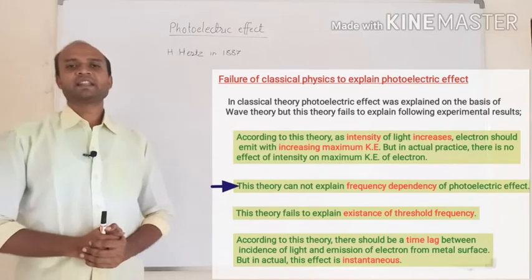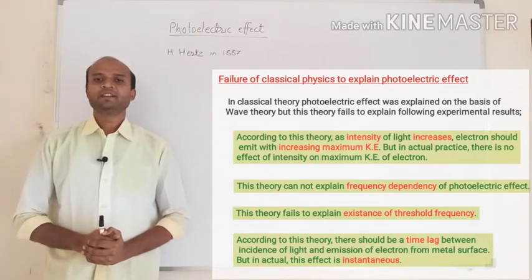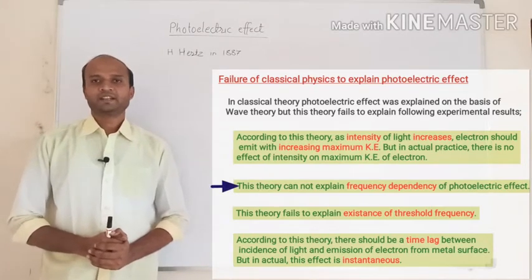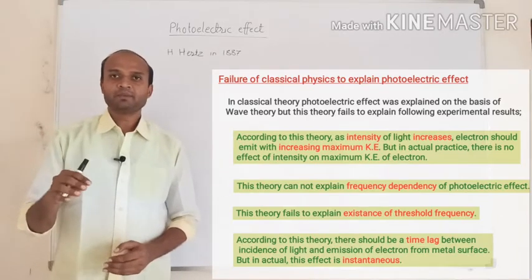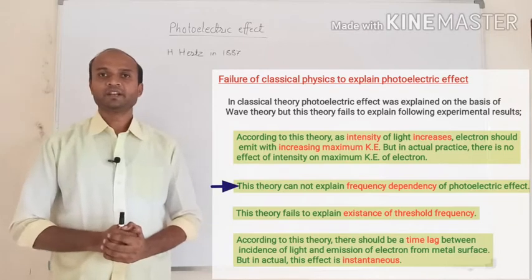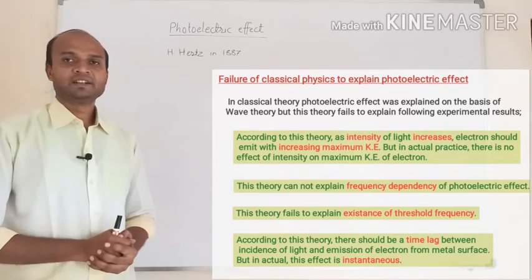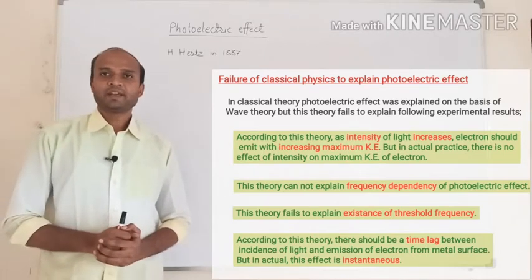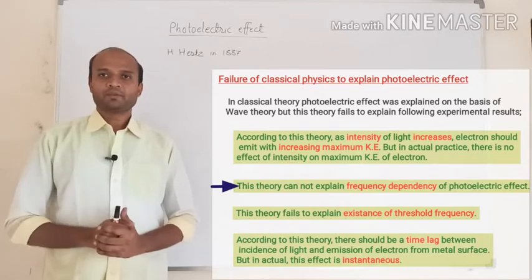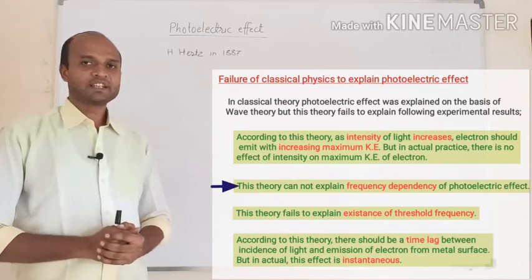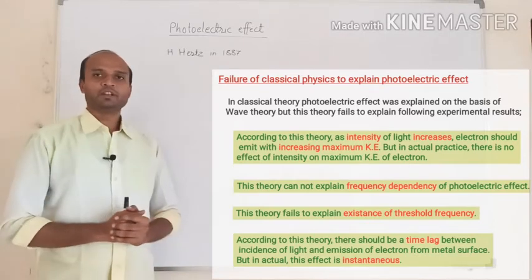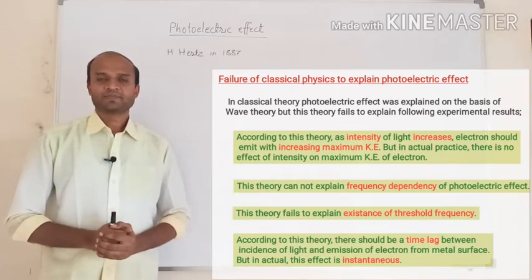Then this theory cannot explain the frequency dependency of the photoelectric effect. We have seen that only when light of suitable frequency is incident on a metal will emission take place. So what is the role of frequency? Why does the photoelectric effect depend on frequency? It cannot be explained by the classical theory.